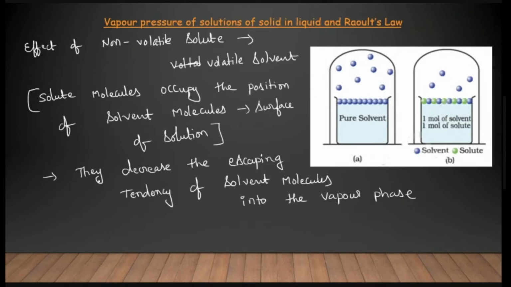Since the solute particles are non-volatile, they won't escape into the vapor phase. Only the solvent molecules escape into the vapor phase. So this escaping tendency is decreased by the solute particles, due to which the vapor pressure of the solution decreases.